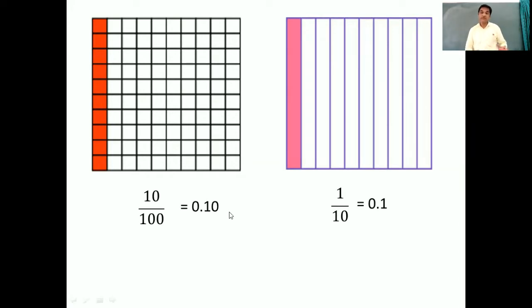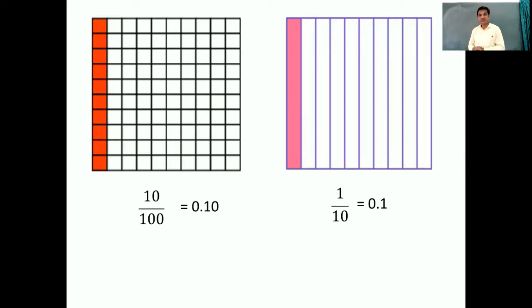Now, what do you see from these two squares is that the shaded portion of both the squares is the same. It means the fractions 10 out of 100 and 1 out of 10 are equivalent fractions.